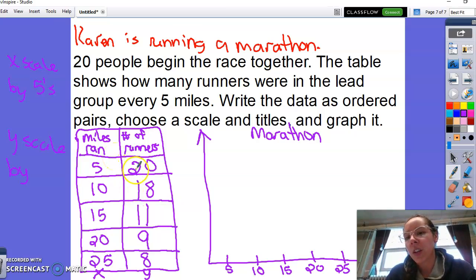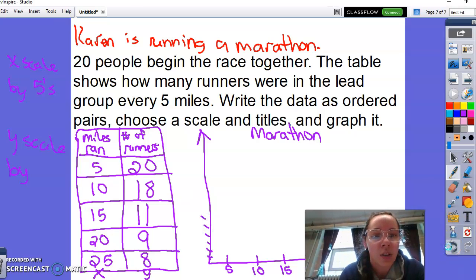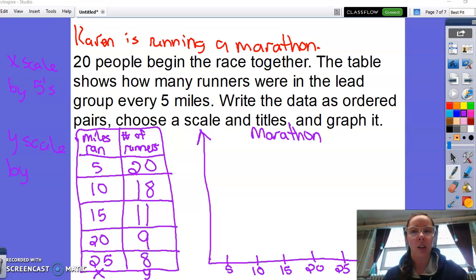I'm looking at this number, and I want all of my data to fit. I don't want to have to do 20 little lines in here, because that's going to get really hard to do. So instead of doing a whole bunch of little tiny lines, I kind of want to have bigger chunks all together. So looking at this, I know that 4 goes into 8, and it also goes into 20, so I'm going to go by 4s, just because it's a little bit bigger chunk.